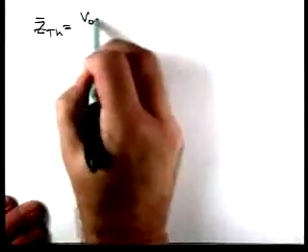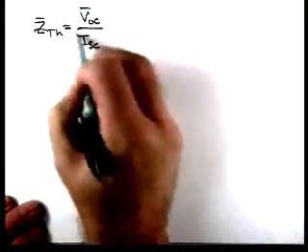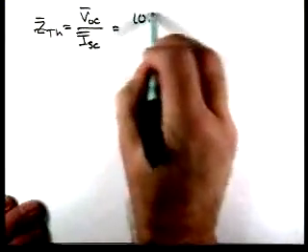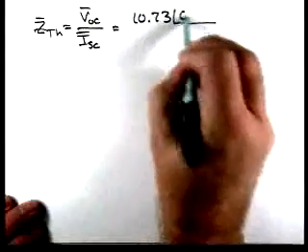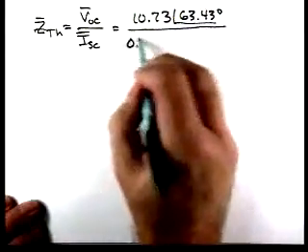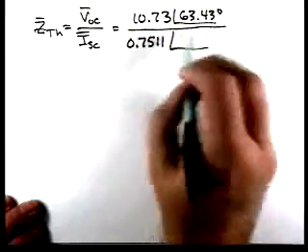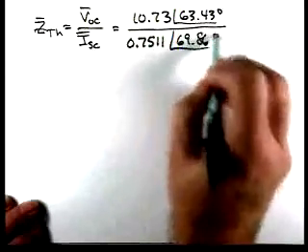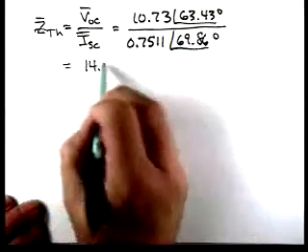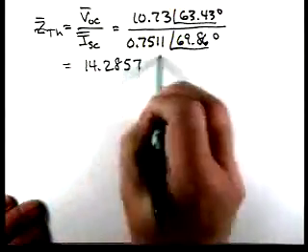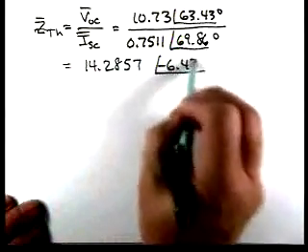So we know that Z Thevenin is the open circuit voltage divided by I short circuit. So we have 10.73 at angle 63.43 divided by 0.7511 at angle 69.86. That gives us 14.2857 at an angle of minus 6.43 degrees.